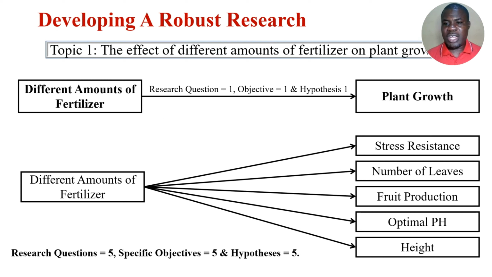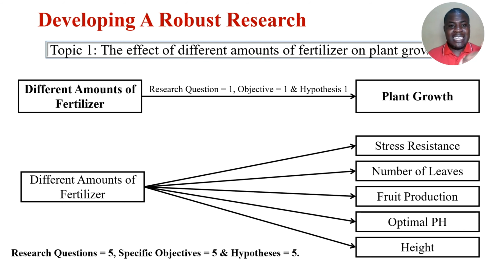Developing a robust research, this is where the use of a research model is important. I love using research models a lot because it helps me to understand the direction of my research and the focus of the research. So let us look at the topic, the effect of different amounts of fertilizer on plant growth. If you look at here, you can see that plant growth is the dependent variable. The independent variable here is the different amounts of fertilizer.